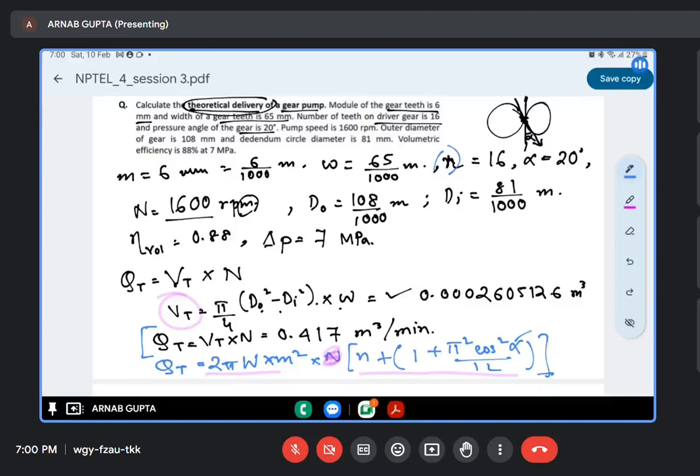Alpha is your 20 degree. So if you also calculate this, you will get the same result, but it will be slightly higher than this one. If I round off, it will be 0.417 only, slightly higher.